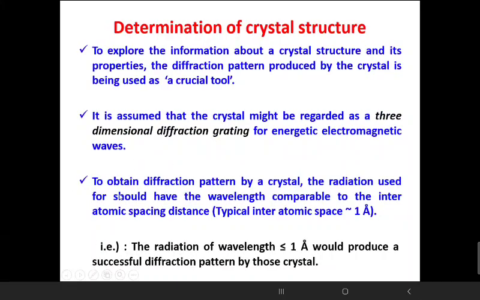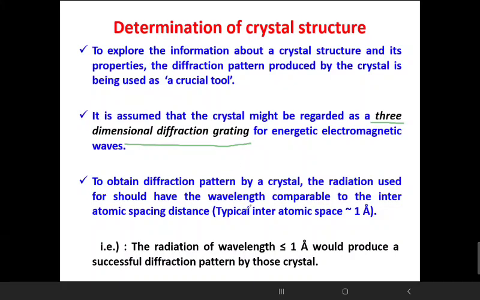Okay. So the crystal is considered as a three-dimensional diffraction grating for energetic electromagnetic waves. Here, we are using mostly high energetic waves because the wavelength should be equal to the interatomic spacing between two atoms.